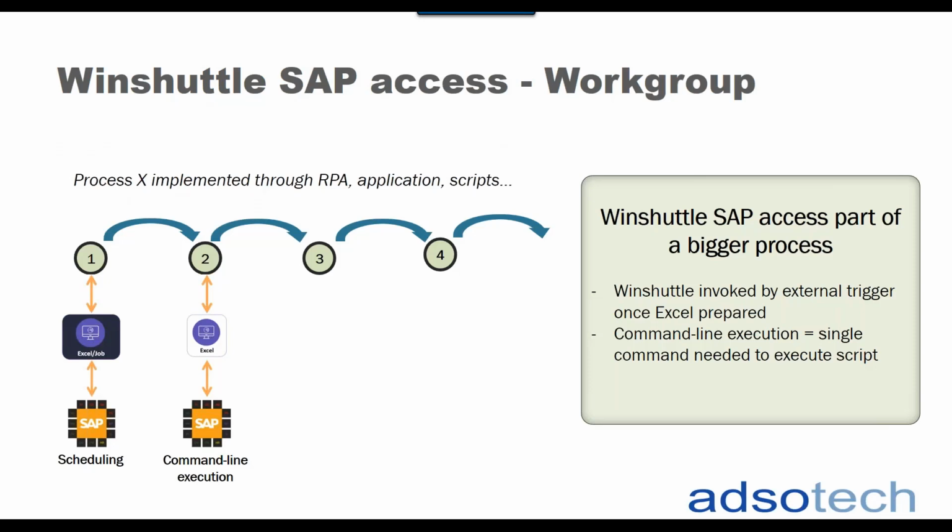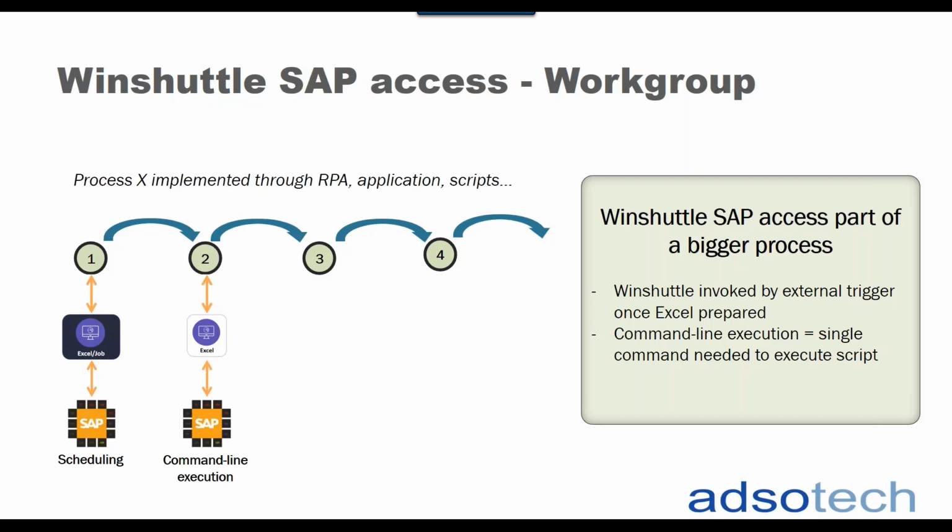So that was the first thing I wanted to mention here. And the second thing is that you have a possibility to execute scripts via the command line. So instead of opening an Excel file and from the add-in execute something, or opening Winshuttle Studio and opening an Excel file and executing something from there, what you can do is you can simply execute a script from the command line.